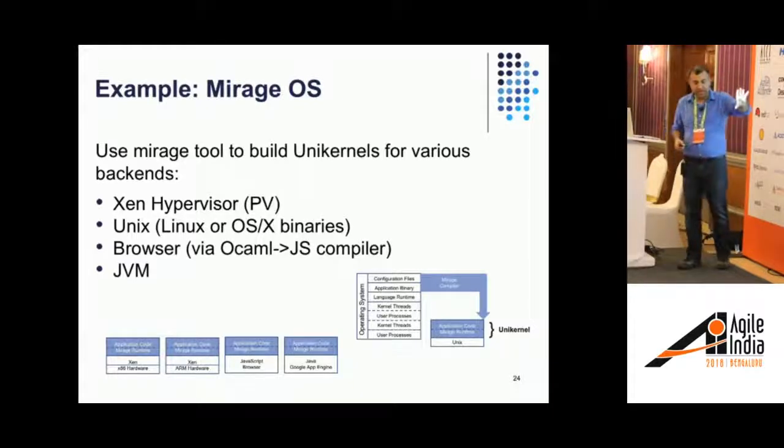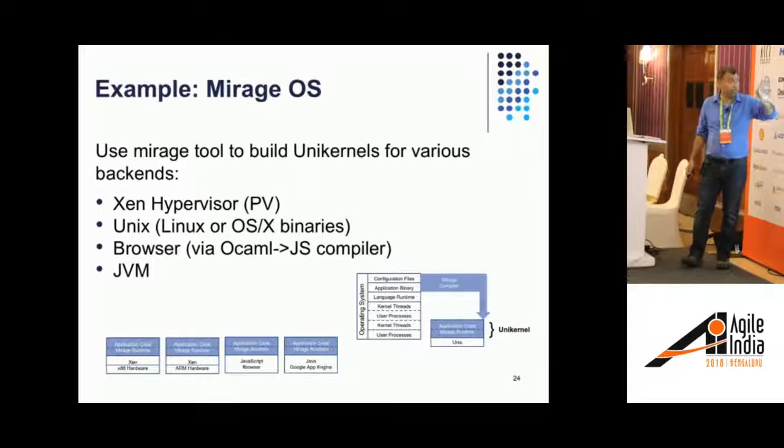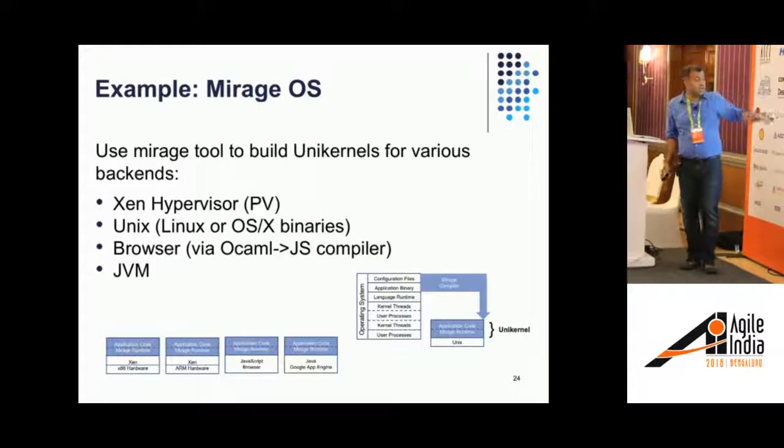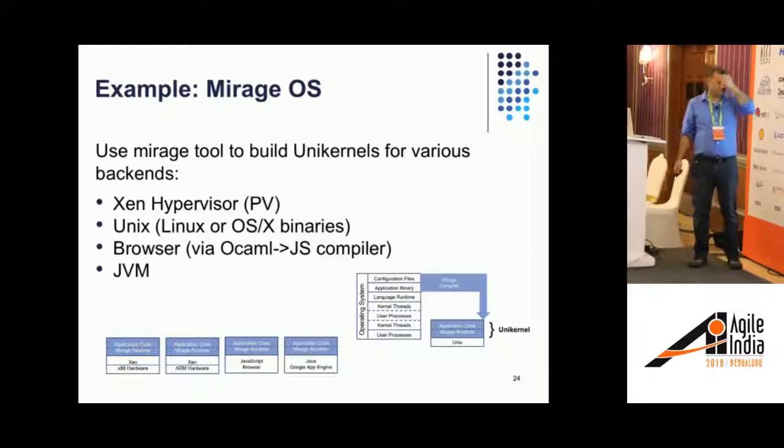So it takes your application, and you have to write your application in OCaml to be used for Mirage OS, and combines it, and you can retarget all the different kinds of platforms that Mirage OS supports. This is up till version 3. Version 3 supports some additional platforms that I have not included here.